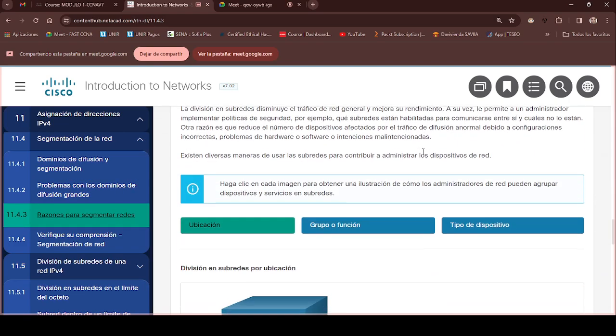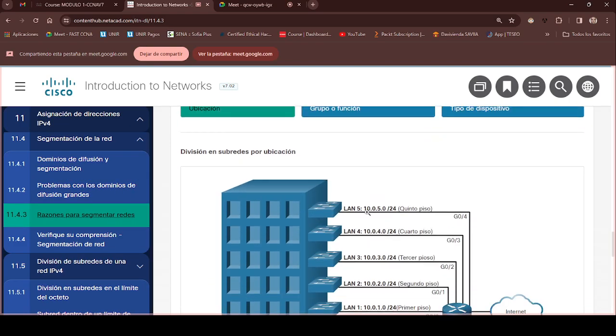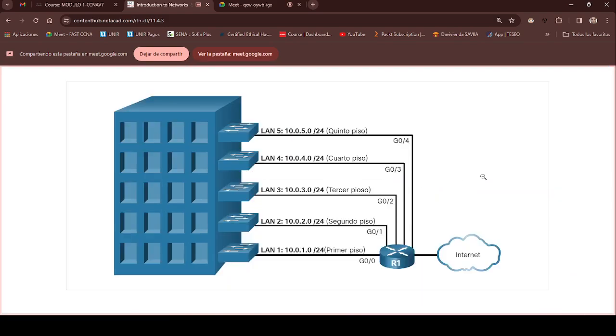Ahora, ¿cómo segmentamos las redes? Pues las segmentamos colocando enrutadores, o dividiéndolas en algo que se llama VLAN. Aunque si tenemos VLAN, o LAN virtuales, vamos a necesitar enrutadores para poder intercomunicar esas VLAN.